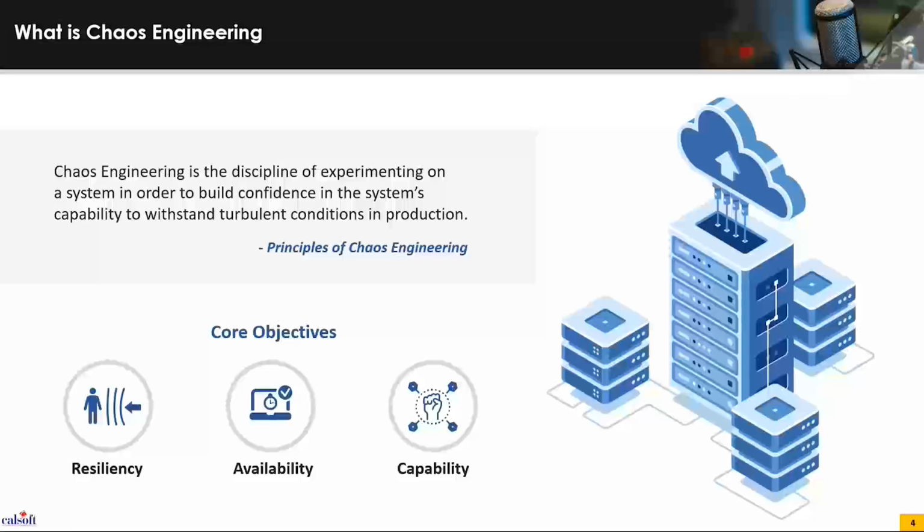I realized that Netflix is the pioneer in chaos engineering, and around the time frame of 2010 and 11, when they were migrating their on-prem data center to AWS, they also wanted to test these three parameters of resiliency, availability, and capability of their system, so that there is no impact on the streaming when they move from physical servers to virtualized servers of AWS. So that's when they developed this tool called Chaos Monkey, which they open sourced and which is still actively maintained by the community. That's the time frame.